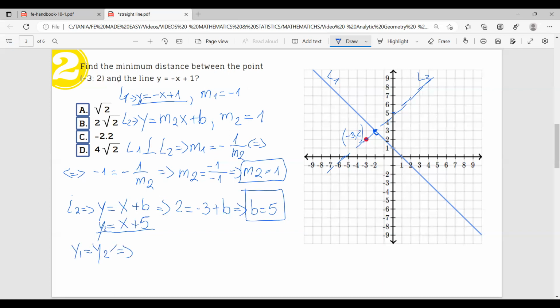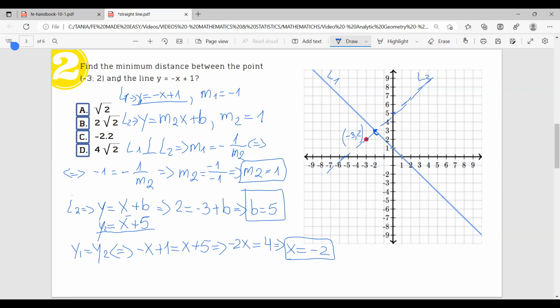So this will be minus x plus 1 equals x plus 5. And from here, we get minus 2x equals 4. And from here, we find that x equals minus 2.